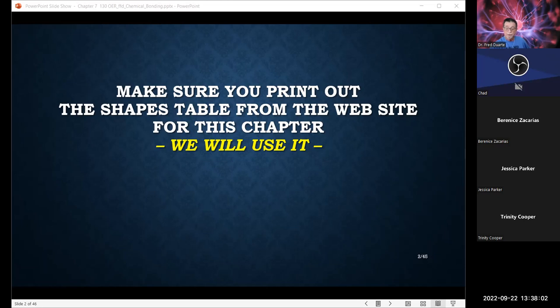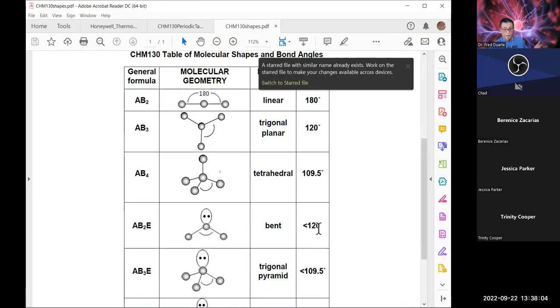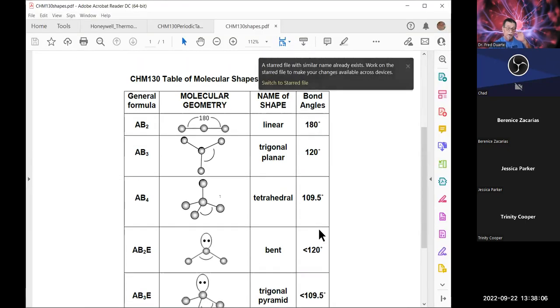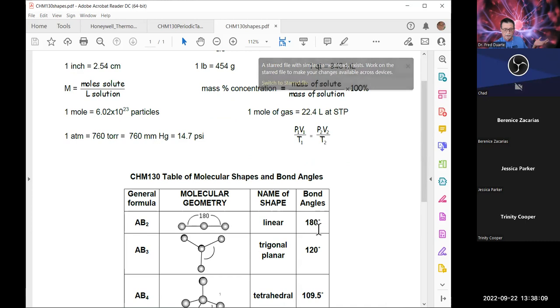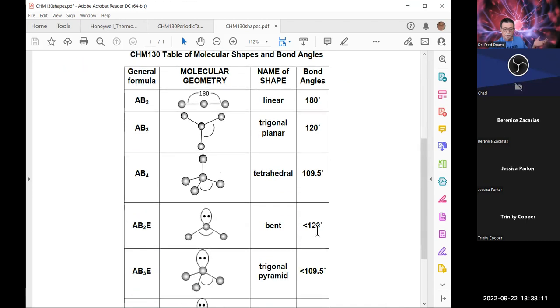Okay, so the shapes table, not only the periodic table we're going to use, but the shapes table, which has a lot of other information, but more importantly, this particular table, where we're going to utilize the first column, which is called the general formula, labeled A, B, E. Those aren't actual compounds. They're just a general formula, A, B, and E, where A represents the central atom, okay? And then B and E represent what is attached to the central atom.